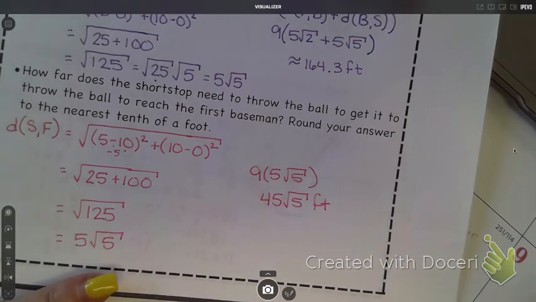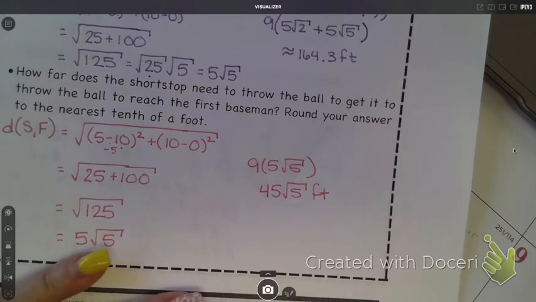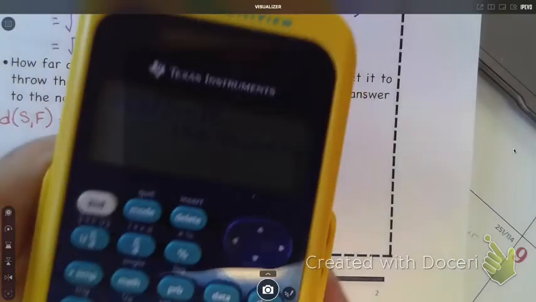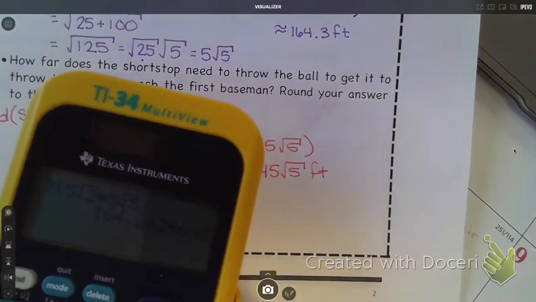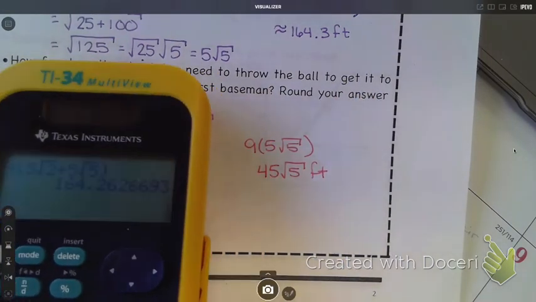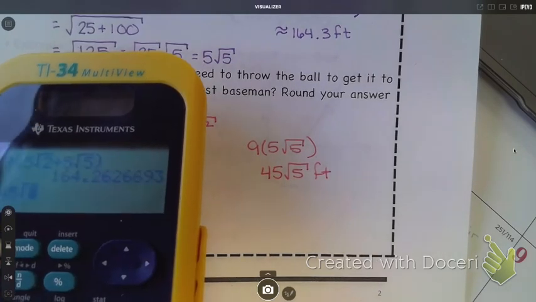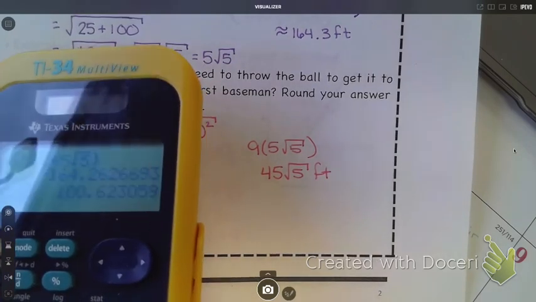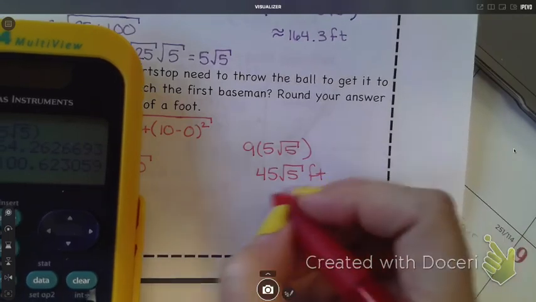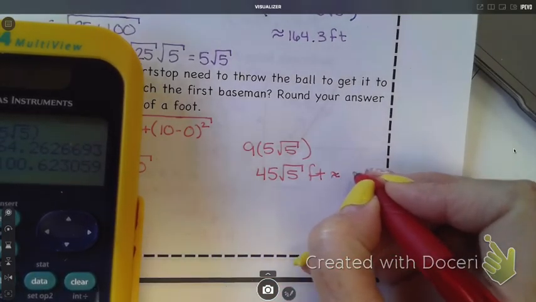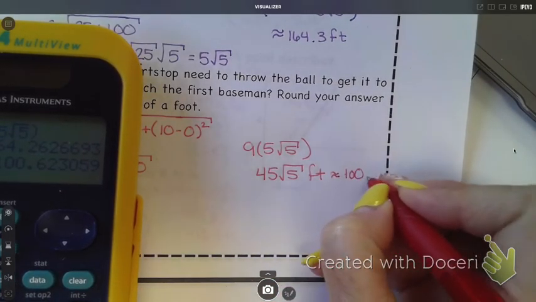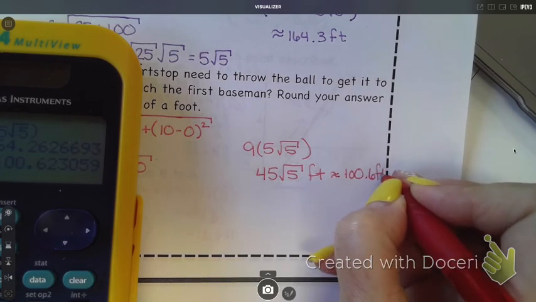That is what you would give me, because on this test, you won't have a calculator. So then on your assignment, it wants it to the nearest tenth. So 45 square root of 5 is about 100.6 feet.